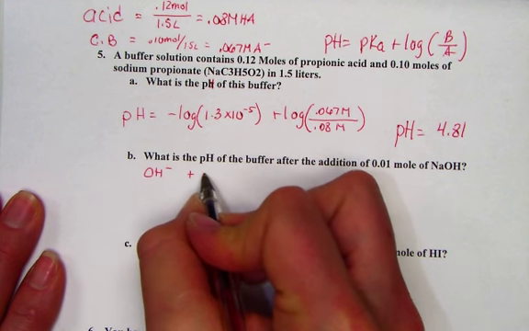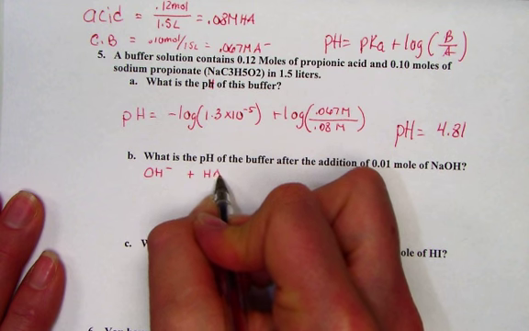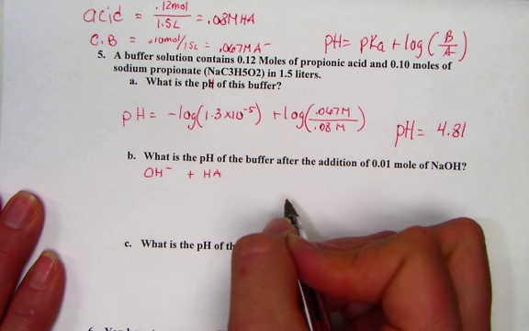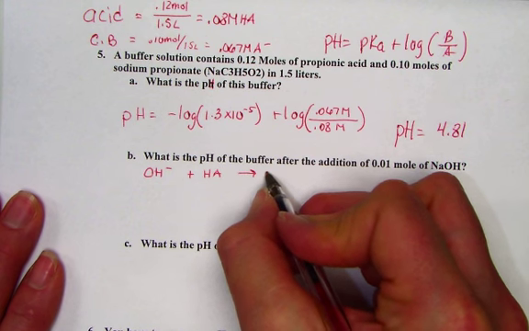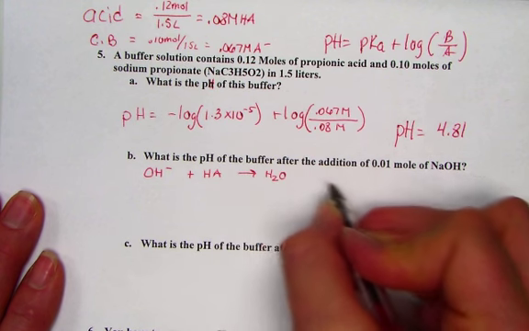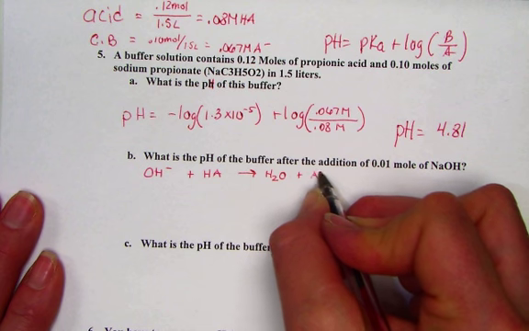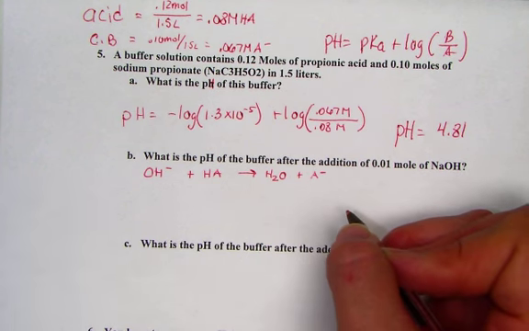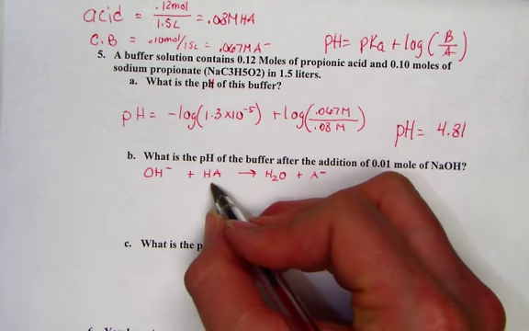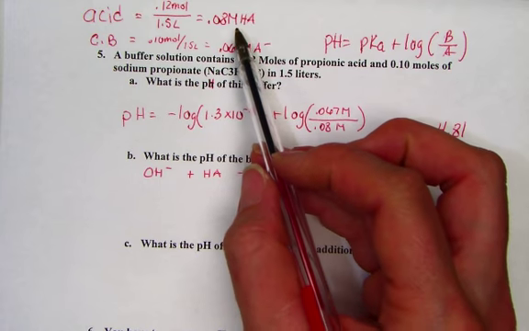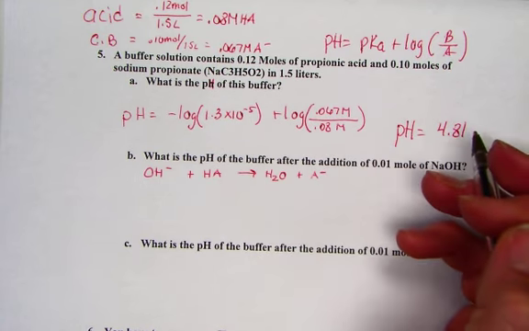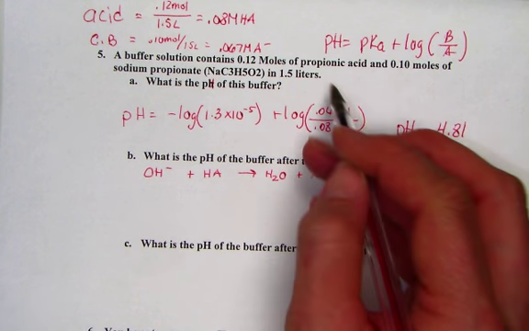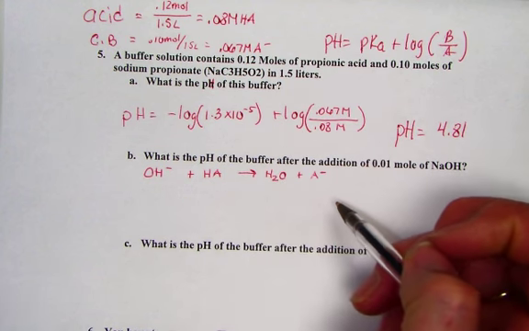If OH negative reacts with the acid, I'll just simply write as HA, it is going to neutralize the acid to form water, giving me more of the conjugate base, A negative. Remember, HA is standing for propionic acid, and A negative is standing for the propionate ion.